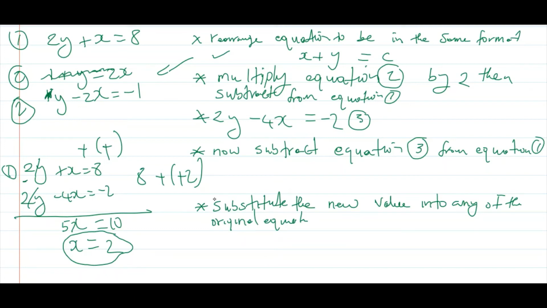I like to choose the first one. 2y plus 2 equals 8, so 2y equals 6, y equals 3.